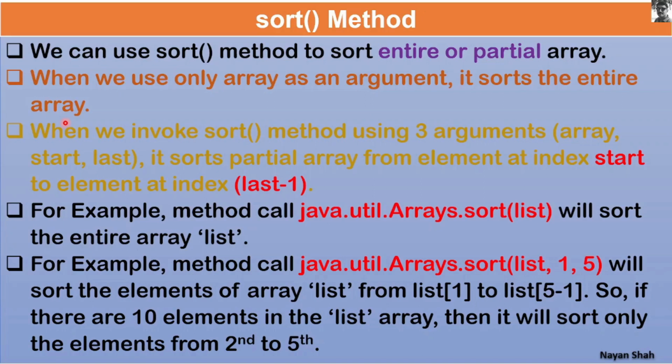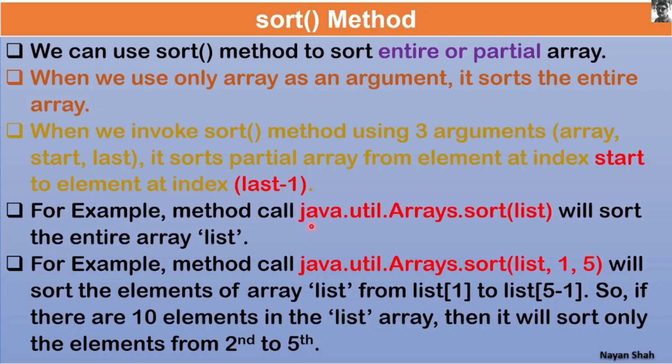But when we invoke the sort method, invoke means when we use it, with 3 arguments, that is array name, start and last, so from where to start and from where to end, it will sort a partial array from the element at index start to the element at index last minus 1. That is very important to understand. We will see with an example why it is last minus 1.